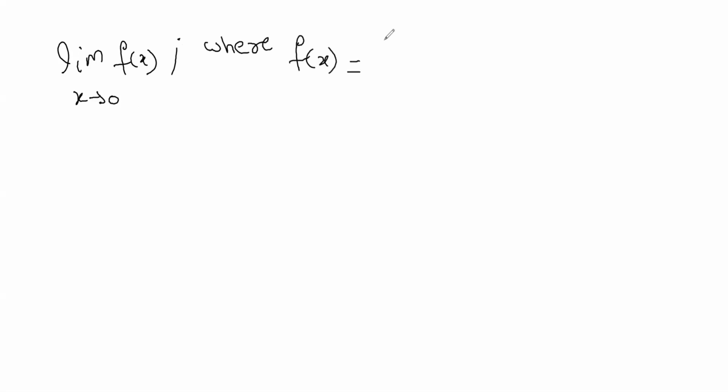Let us suppose they gave a function like this: limit x tends to 0 of modulus of x, that is f of x, where f of x is defined as mod x when x is greater than or equal to 0, and minus x when x is less than or equal to 0.